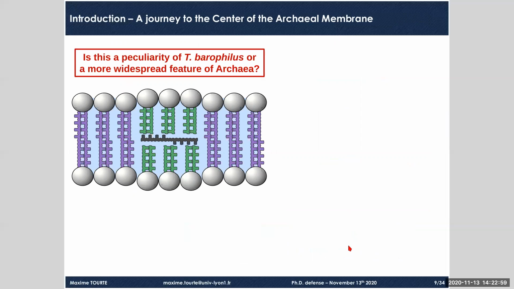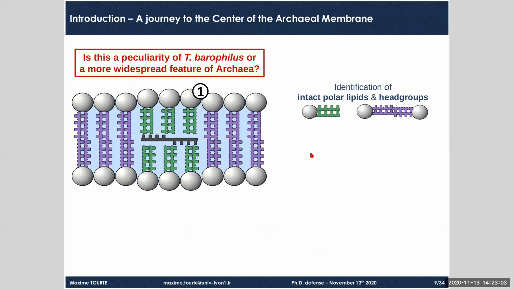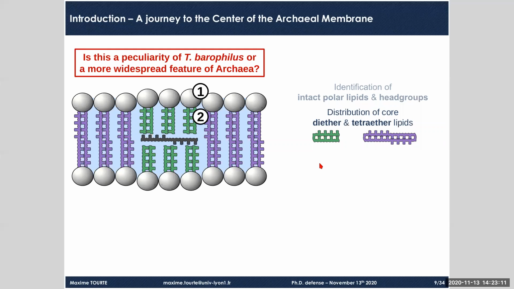So we will embark today on a journey to the center of the membrane by first analyzing the outermost layer of the membrane, so the polar head groups and intact polar lipids. Then we will dig further into the hydrophobic region of the membrane by looking at the core lipids, so the lipids without their polar head groups.